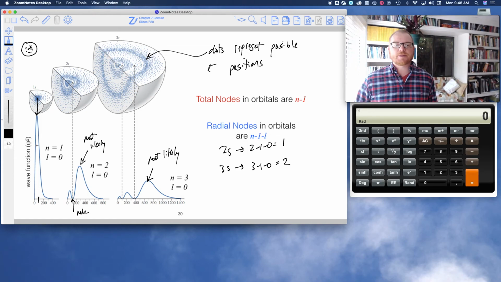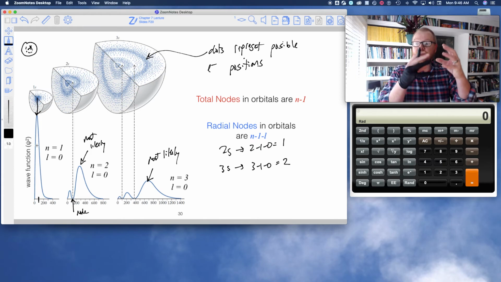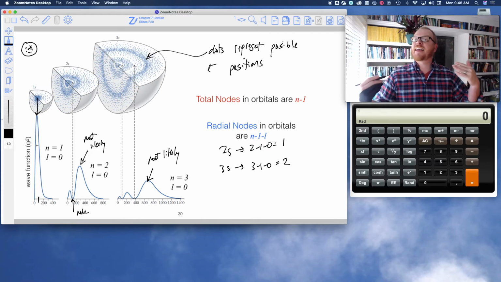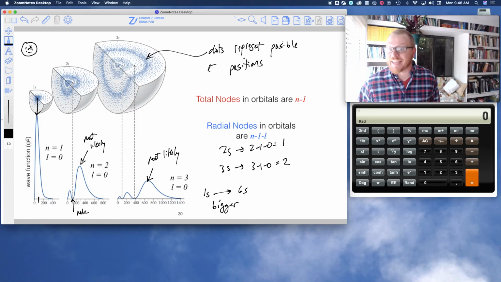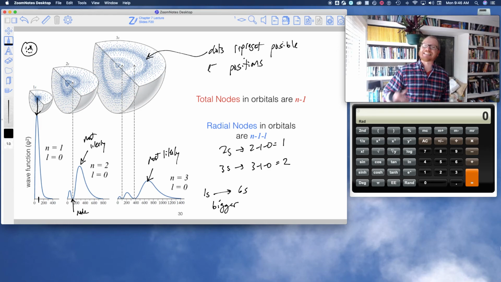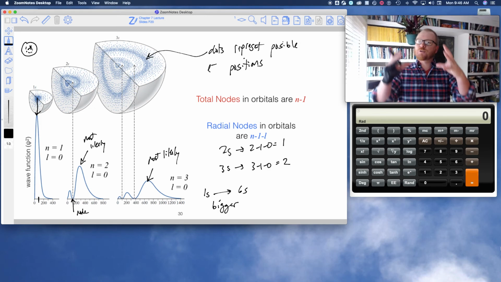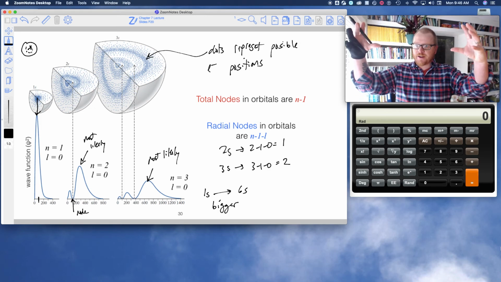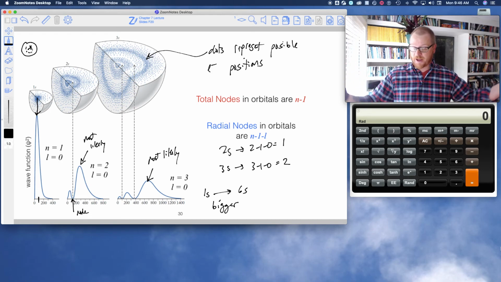So the other trend that you should observe from this is as we go from 1s to 2s to 3s, they get bigger, okay? So going from 1s all the way to 6s, the size of these orbitals is getting bigger. So we're predicting that the atoms are getting bigger because those electron densities are getting further and further away from the nucleus, okay?